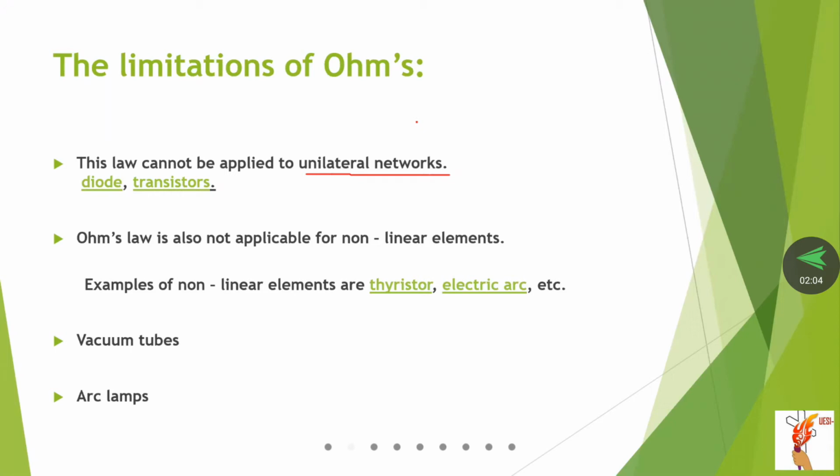So unilateral is nothing but, for example, a resistor will have the ends 1 and 2. Simply, we consider this end as A and this end denoted by B. For example, it is connected to a source, right?